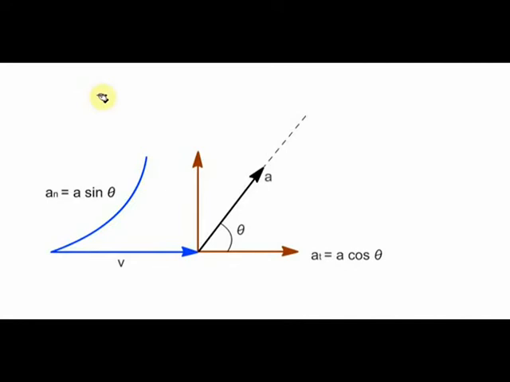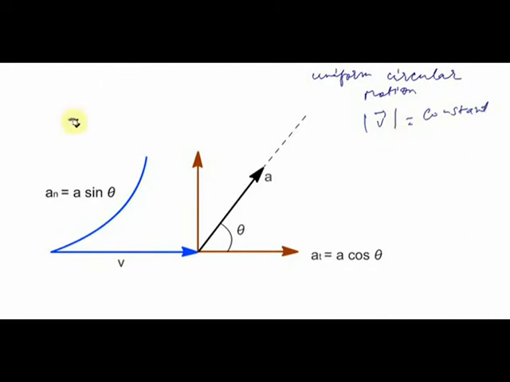So first let's talk about uniform circular motion. In uniform circular motion, the magnitude of velocity, that is v, remains constant. As we can see, the magnitude of velocity is constant.